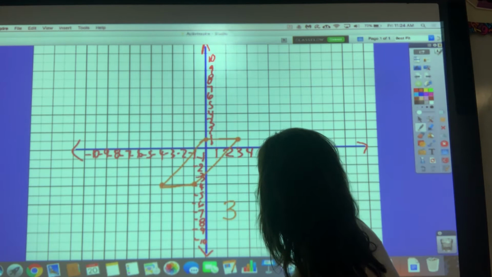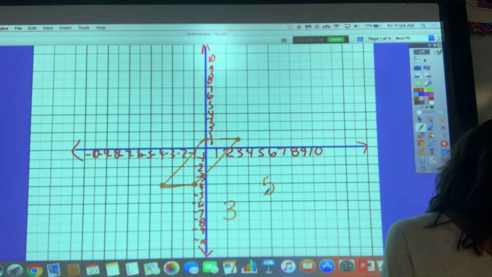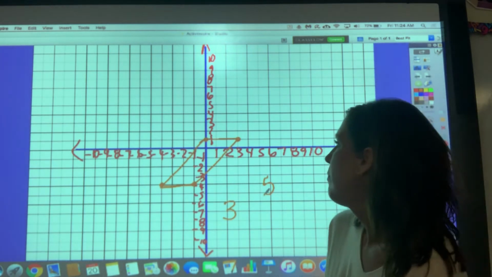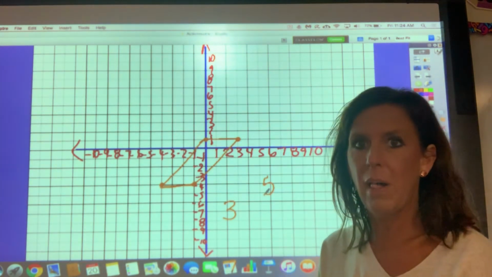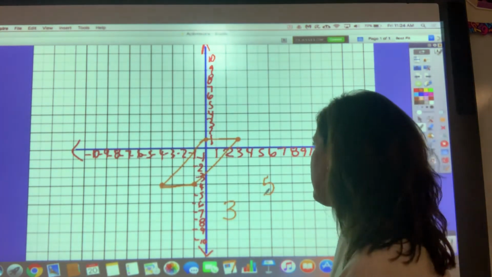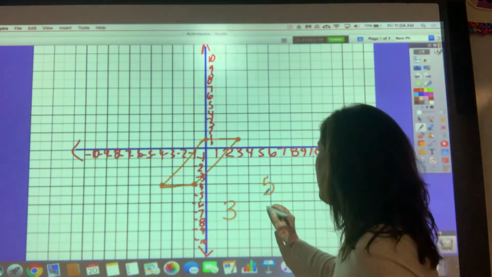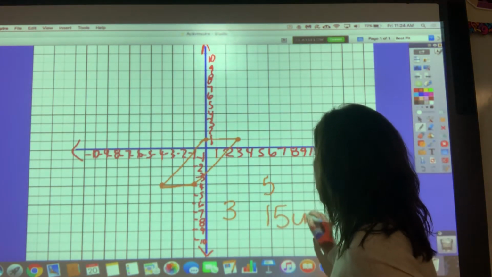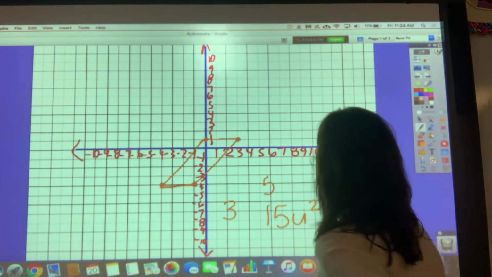Our height is 5. So our base is 3 and our height is 5. Easiest of all the polygons to find the area: base times height, 3 times 5, 15, and it's on the graph, so it is 15 units squared.